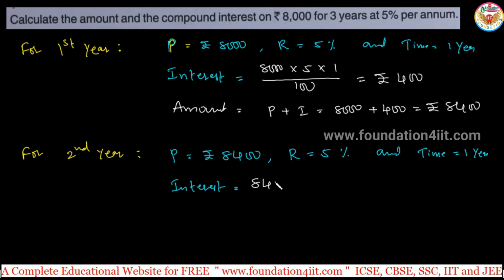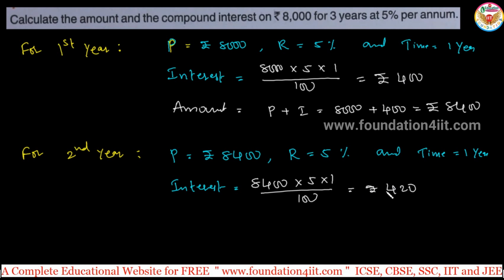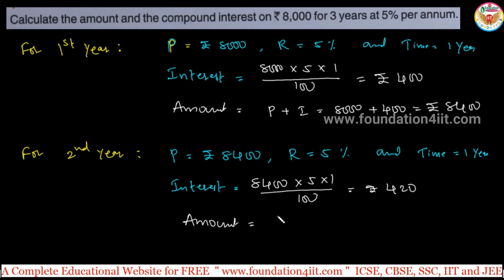So 8,400 5 into 1 by 100. This you can calculate. So rupees 420. So 0 cancel, 84 5 420. That means interest is increasing, you observe. First year interest is 400, second year interest we got 420. Now amount is equals to same, the P plus I.